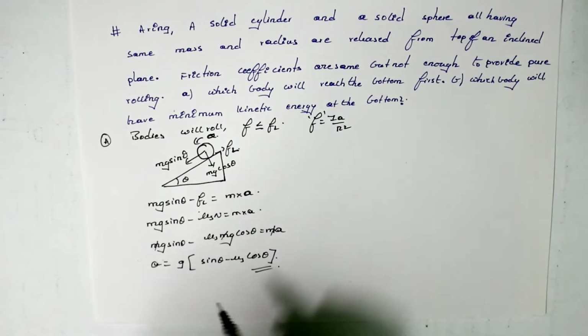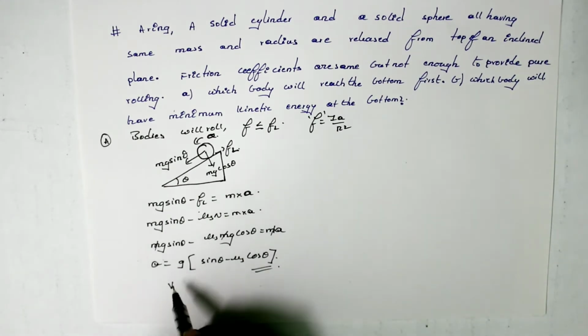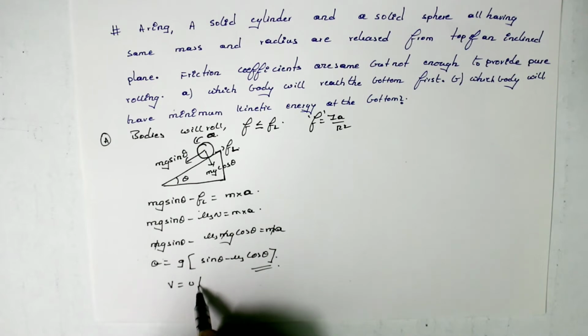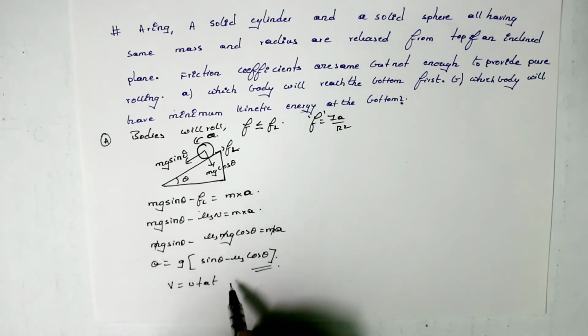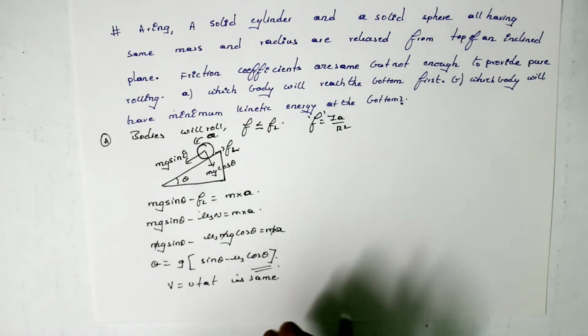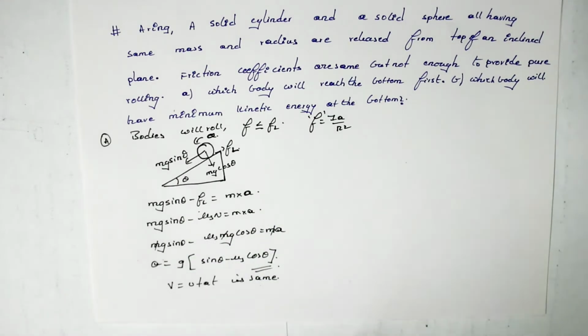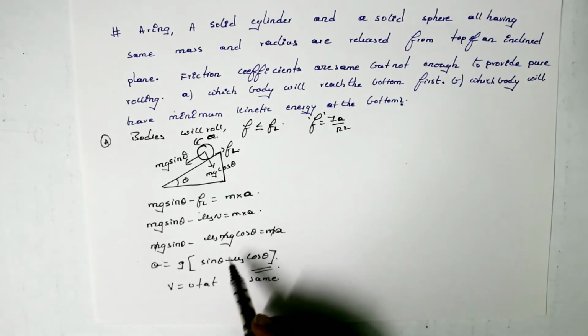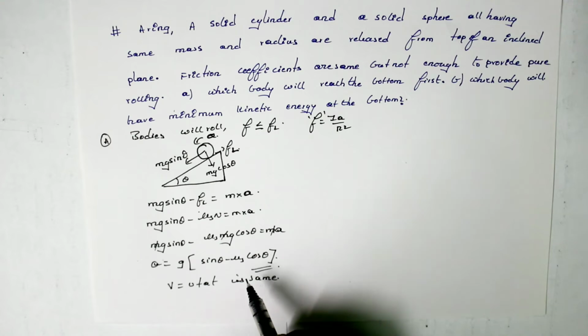If acceleration for every body remains the same, then the final velocity with which they reach the ground, v equals u plus at, is also the same for every body. So every body will reach the ground with the same velocity and in the same time, because all of them have the same acceleration.